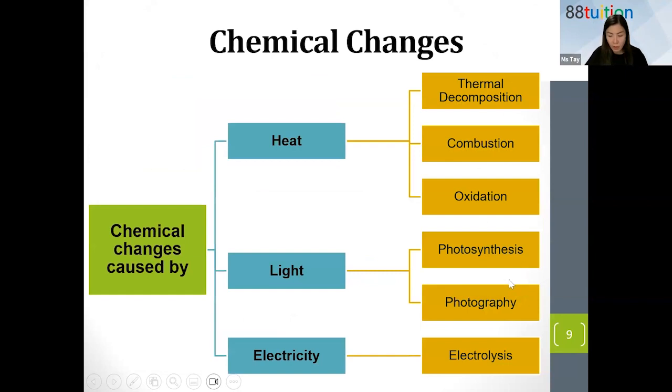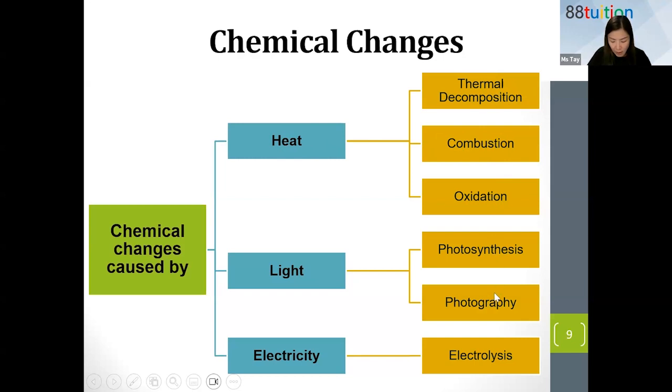Chemical changes can be caused by heat, light, and electricity also. When it's got to do with heat, we call it thermal decomposition, or combustion, or oxidation. All these reactions are classified under heat, because you need to have heat in order for this to take place.